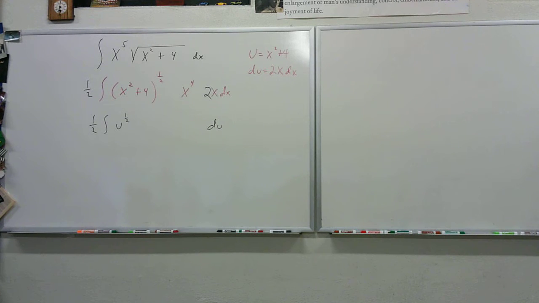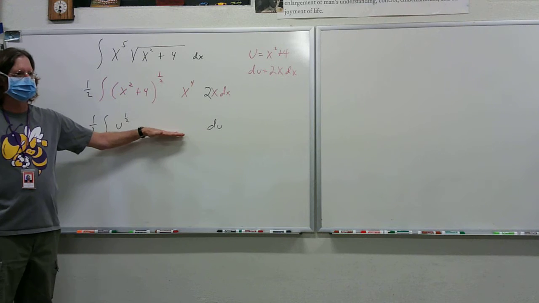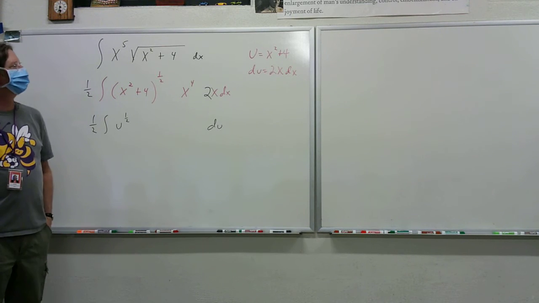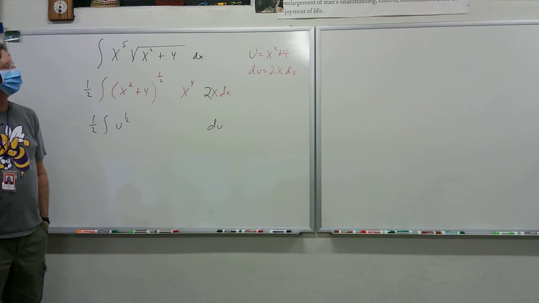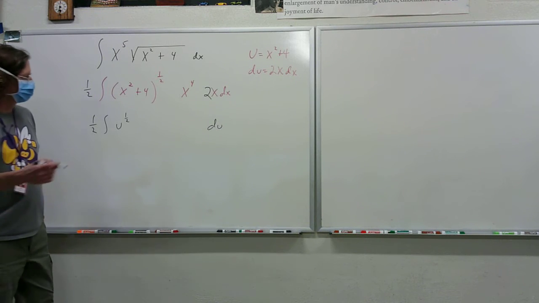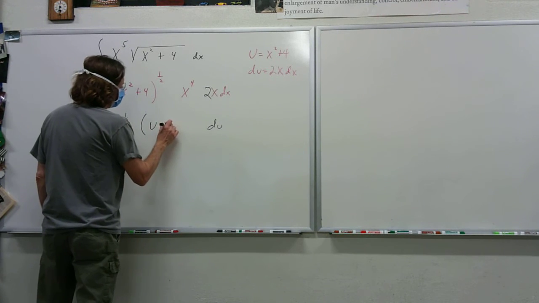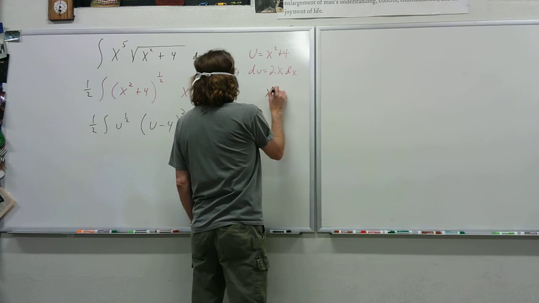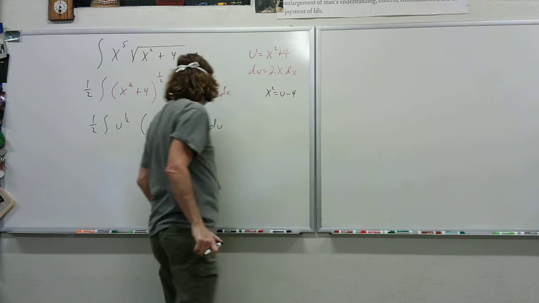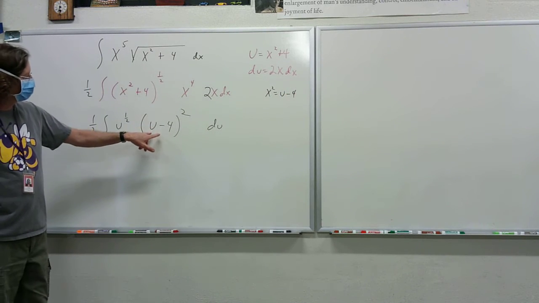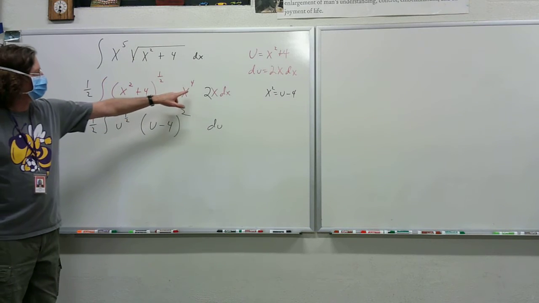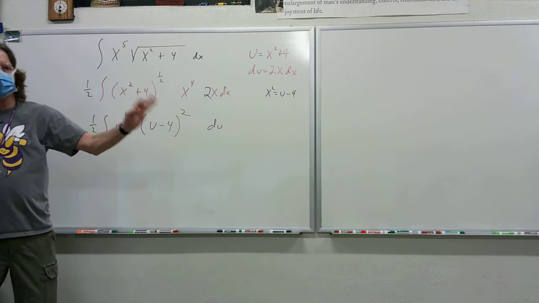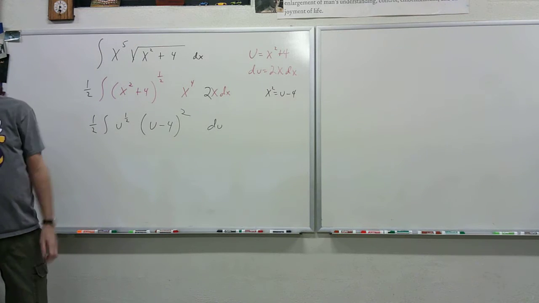Now you've got to figure out what? X to the 4. Somebody tell me what I'm about to write right here. X squared. Yeah. Which is u minus 4 squared. Because x squared equals what? U minus 4. So I can do what? U minus 4, and then x to the 4th is what? X squared squared.